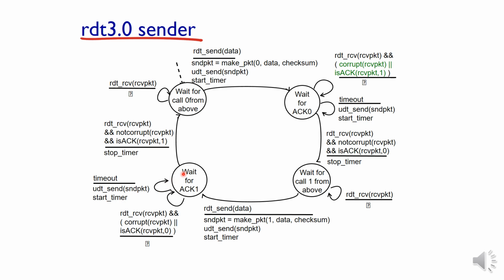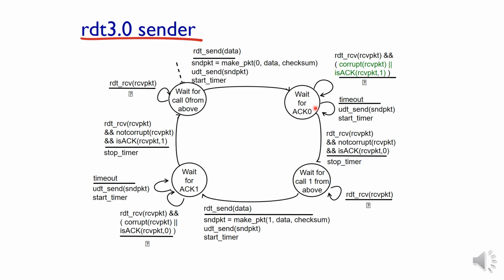And these are the two negative scenarios. There are another two negative scenarios: the acknowledgement is received, but it may be corrupted, or it is waiting for acknowledgement 0 but receives acknowledgement 1. That is a negative scenario. At that time, it performs nothing and waits for the positive or expected acknowledgement.